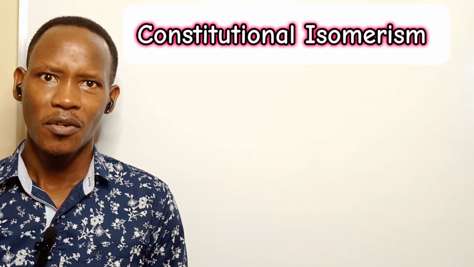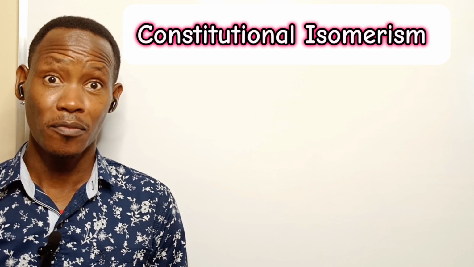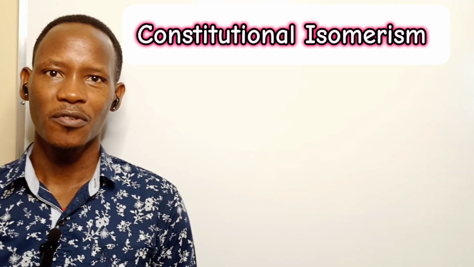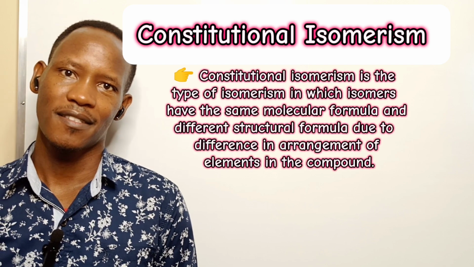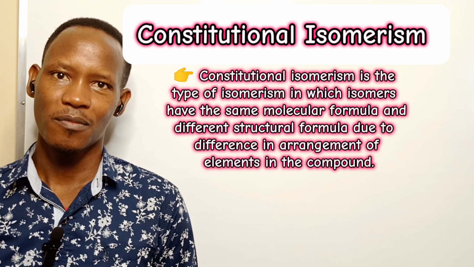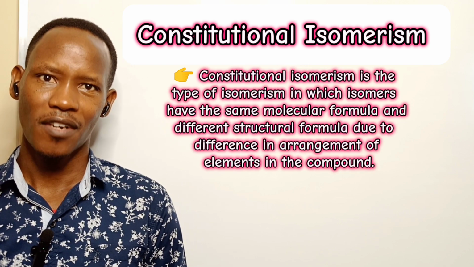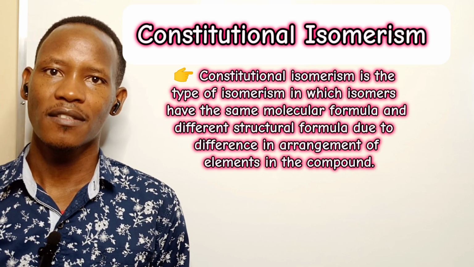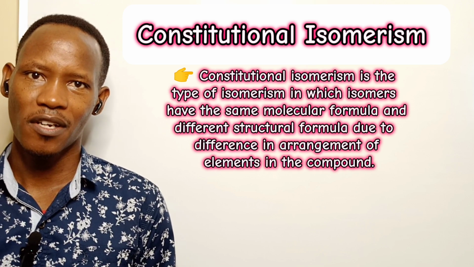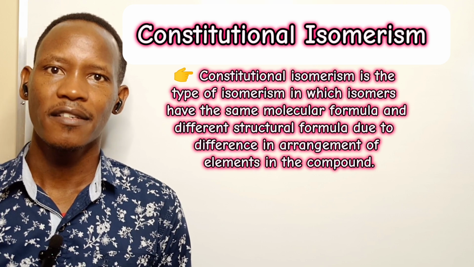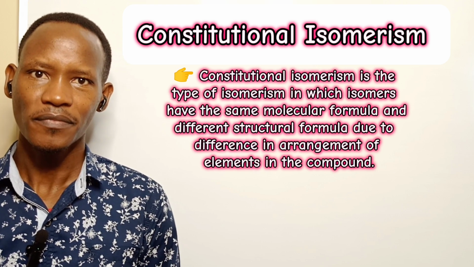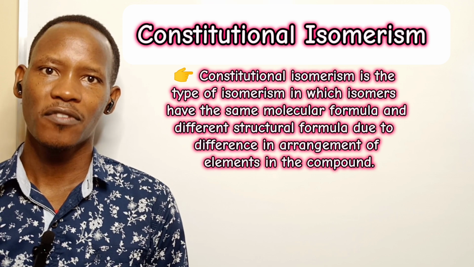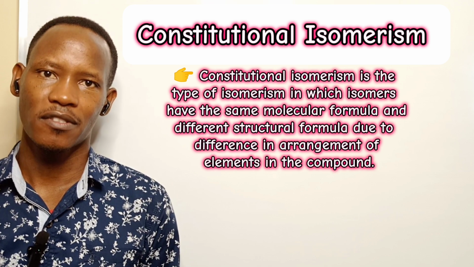I take this opportunity to welcome you to the first class of isomers, which is constitutional isomerism. What is the meaning of constitutional isomerism, or what are constitutional isomers? Constitutional isomerism is defined as the class of isomerism in which isomers have the same molecular formula but different structure formula due to the difference in arrangement of elements in the compounds.